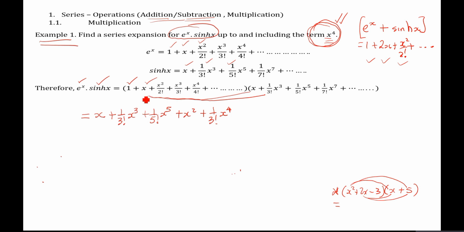So now that I've completed x, I must do x squared over 2 factorial. So let's do x squared over 2 factorial times x. That will give me x cubed over 3 factorial.